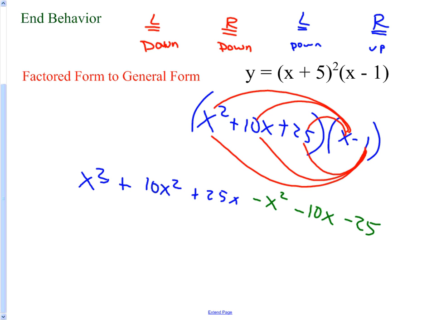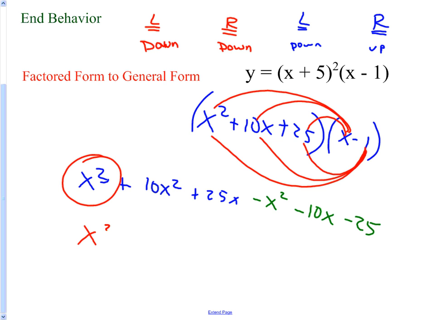Okay, so you get the 6 things. I've got 3 in blue and 3 in green. The ones I did in blue there were from the x, multiplying the x out into everything. And then the things I did in green were when I distributed the -1 to every term. And now I'm going to put these things together. I have an x to the third, and I don't have any other x to the thirds, and therefore it's all alone.